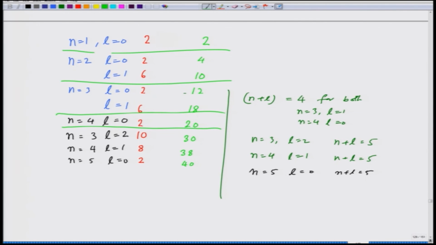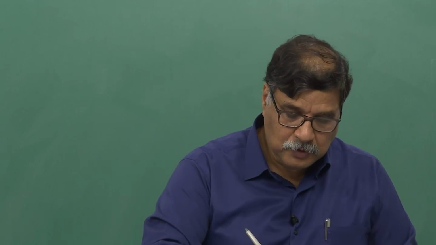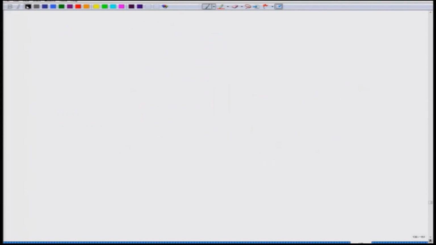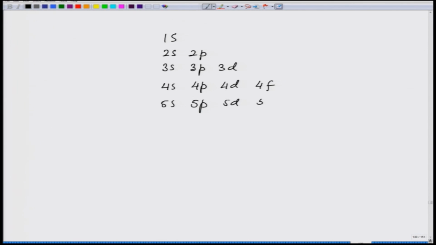So, this is how the atomic structure was explained. Now, the Aufbau principle at times is also written like this. You write the levels 1s, 2s, 2p, 3s, 3p, 3d, 4s, 4p, 4d, 4f, 5s, 5p, 5d, 5f, and so on, and then you fill them according to this arrow.